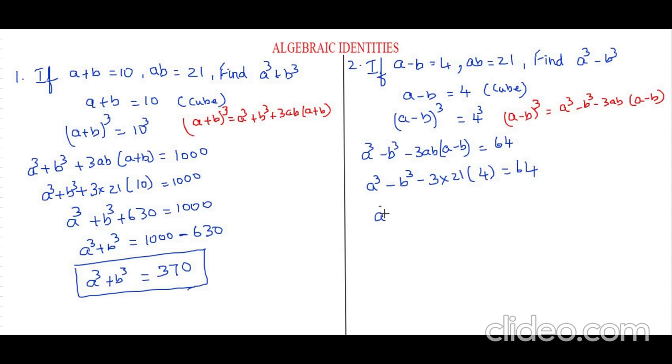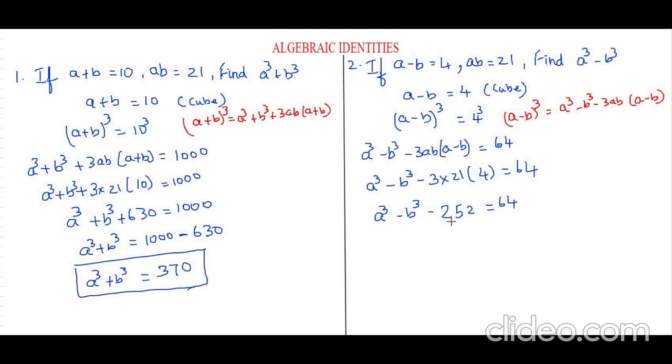So let's keep the a cube minus b cube as such, minus 3 times 21 times 4. So 3 times 21 times 4, which is 252 equals 64.